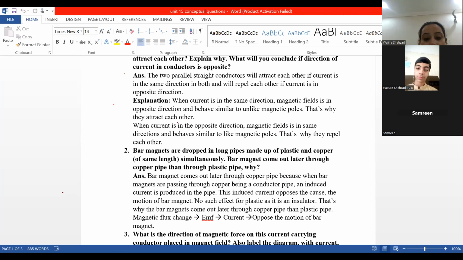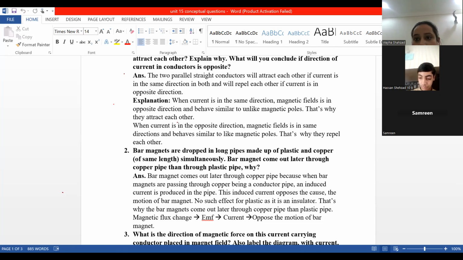And obviously in the start we are providing the voltage that is an alternating voltage. So obviously the magnetic flux will be changed. Due to magnetic flux, EMF will be induced, and due to this EMF, current will be induced, and this current will oppose the motion of a bar magnet.